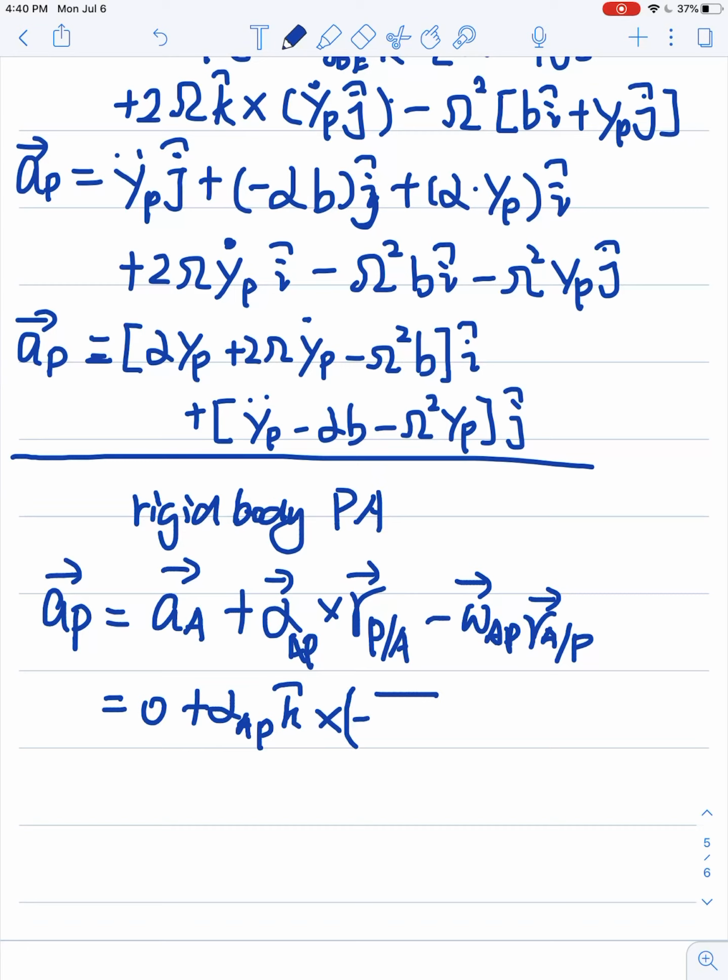So we have negative square root L square minus YP square. This is in the I direction. In the J direction, we have YP J. And minus omega AP in K direction.